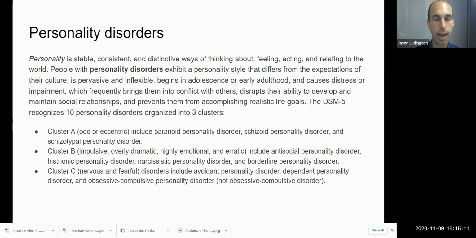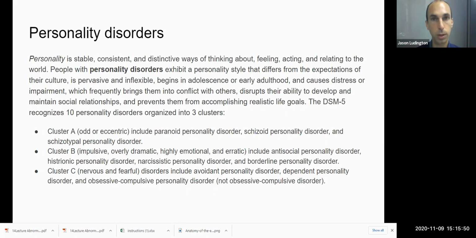So cluster A is for odd or eccentric personalities. These include paranoid, schizoid, and schizotypal personality disorders. I'm not going to define all of these because I think it's a bit much to go into that much detail. There's cluster B, which are characterized by impulsive, overly dramatic, highly emotional, and erratic. These include antisocial, histrionic, narcissistic, and borderline personality disorders.